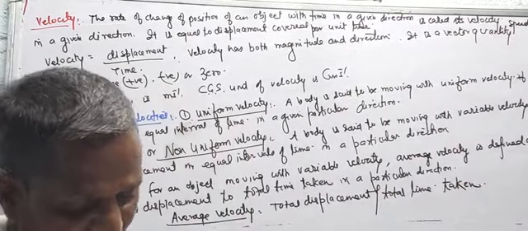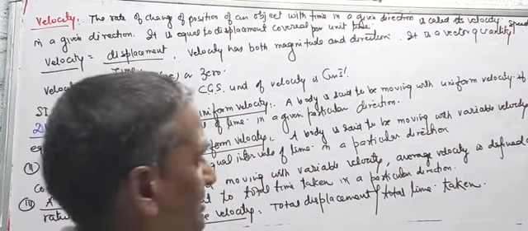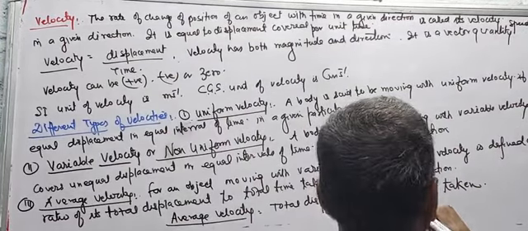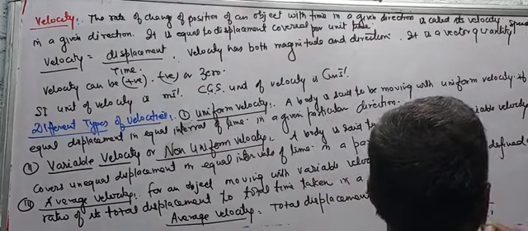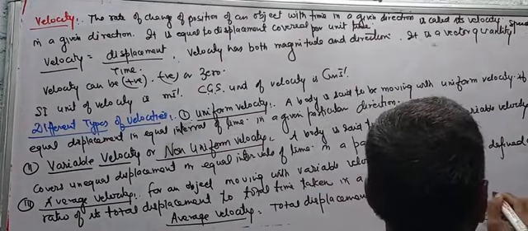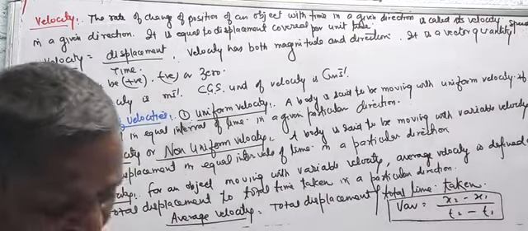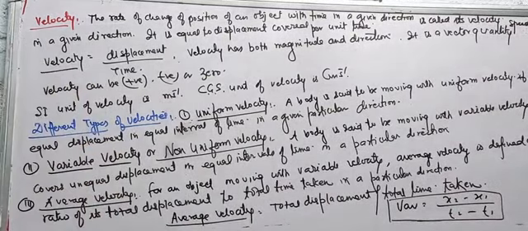We can write average velocity as x2 minus x1 upon t2 minus t1.